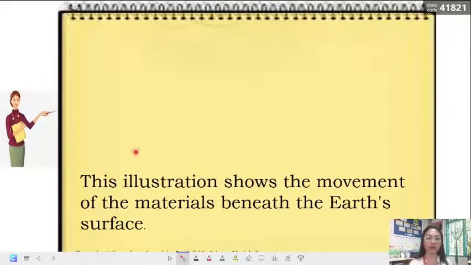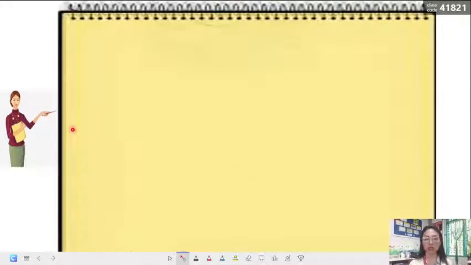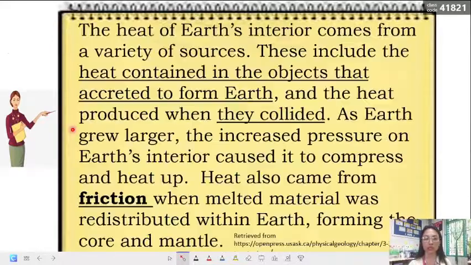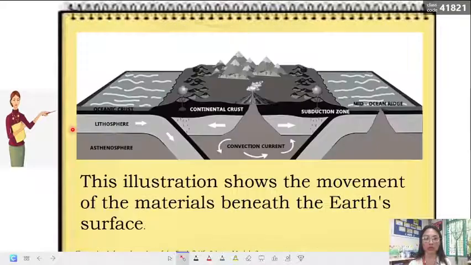Okay, the illustration of our convection current will not show. I'm sorry for that. Okay, this one is from the illustration in your module. So if you notice, this is the convection current in the mantle.